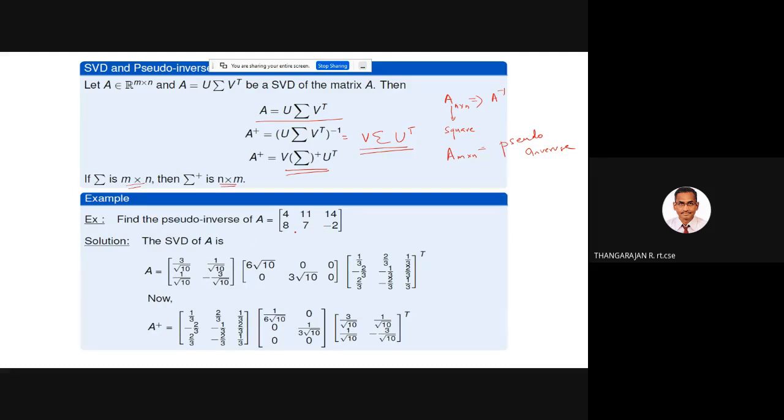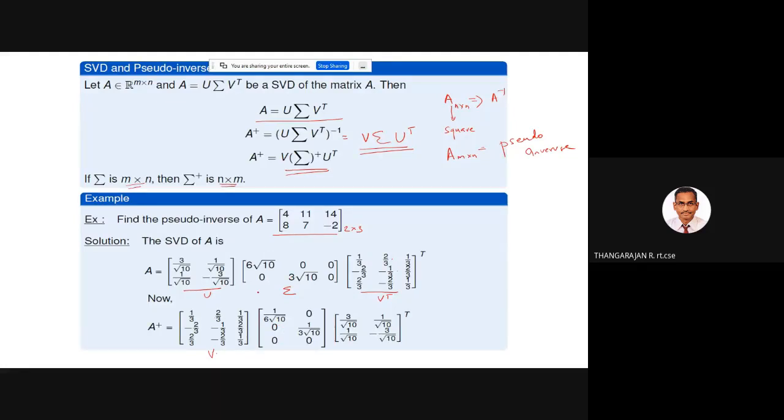For example, an example is given here. You have a 2 cross 3 matrix, so you find the SVD. After finding the SVD, this is the U matrix, this is V transpose, and this is sigma. Now you take the inverse of this. Just take the transpose of V transpose and put it here, because we want V. Sigma is 2 cross 3, so its inverse will become 3 cross 2.